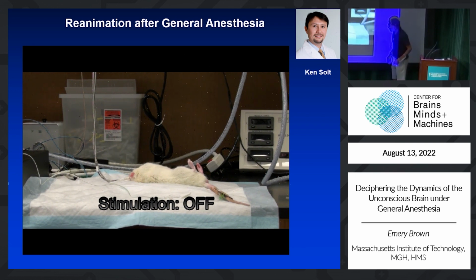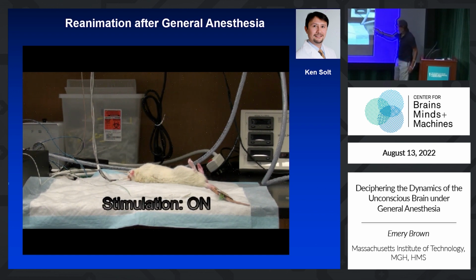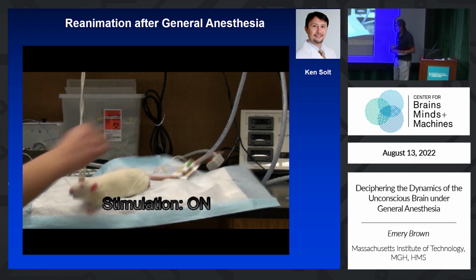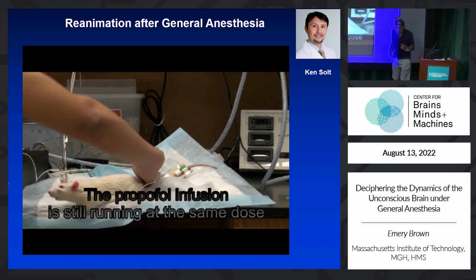You turn on the stimulation, and it's breathing like crazy. The propofol is not turned off. He gets up and says, Ken, I'm out of here. I'm leaving. All right, so he runs off, right?